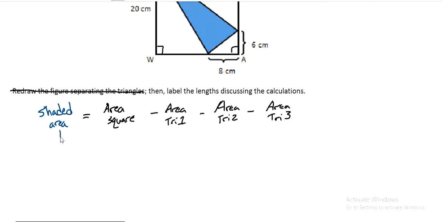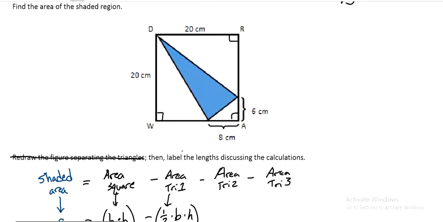We'll say shaded area is just S. S equals. Now the area of a square, we can find by doing the base times the height. The area of a triangle we know is 1/2 times base times height. But since I labeled that triangle 1, I should also label these triangles. So we'll call this triangle 1.